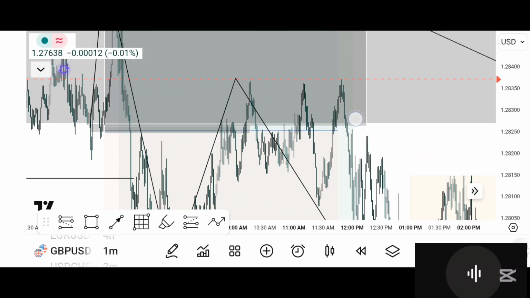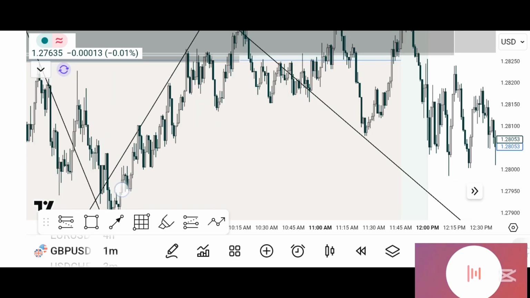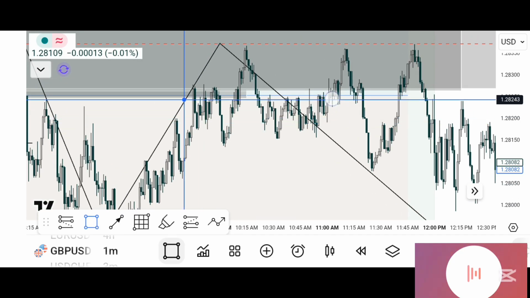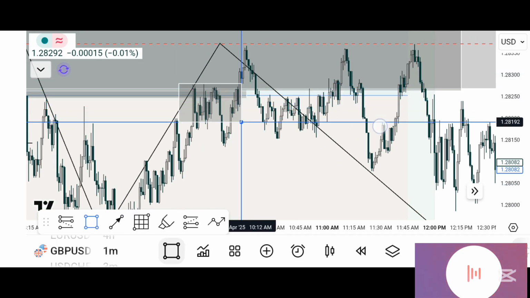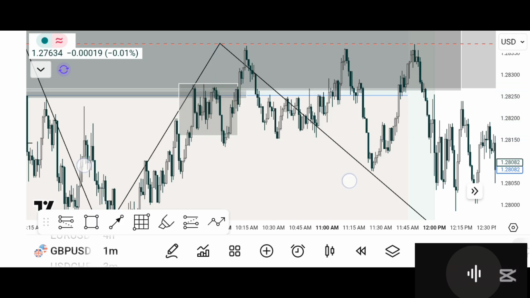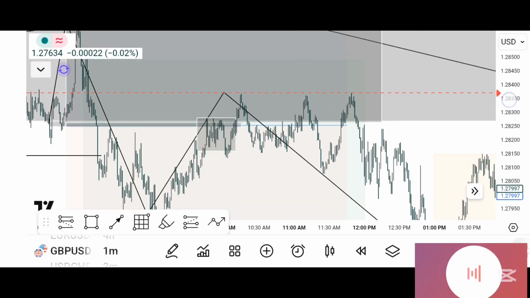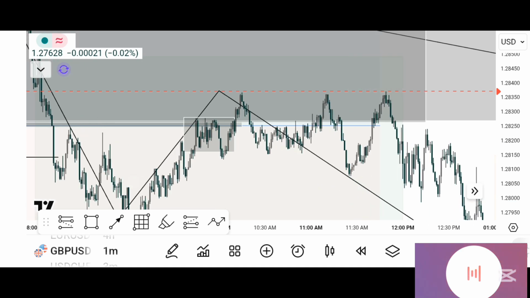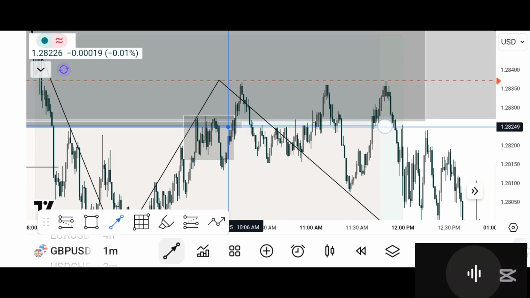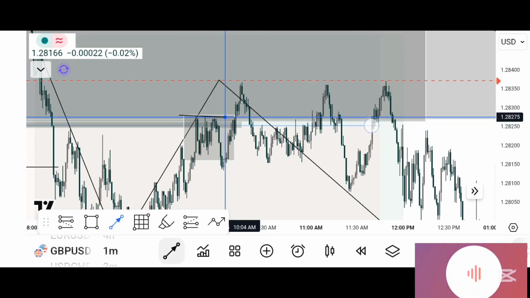there was a first fill of imbalance here. Price first filled the imbalance here, but I did not get my entry criteria, so I waited. You get, so the second time, price then swept liquidity above this high.